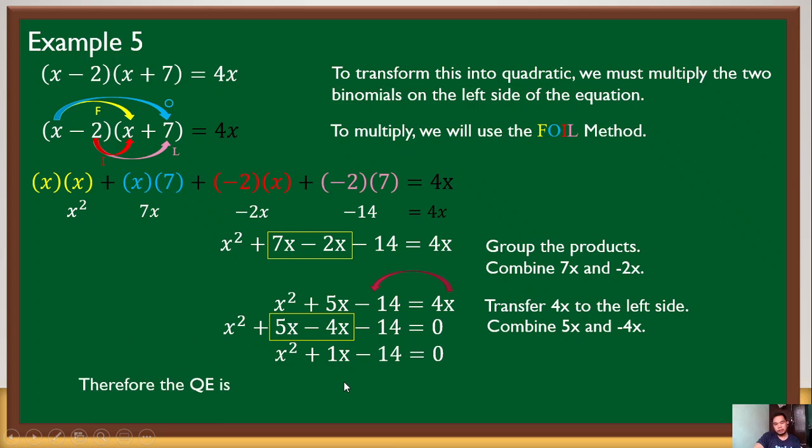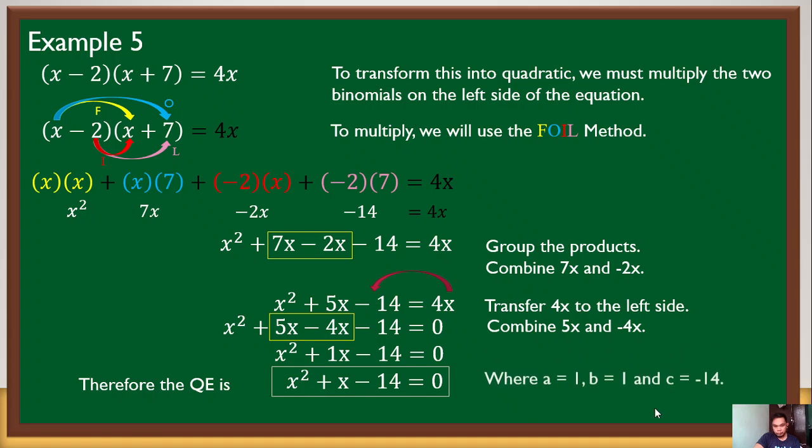So the standard form of the equation x minus 2 times x plus 7 equals 4x is x squared plus x minus 14 equals 0, where a is equal to 1, b is equal to 1, and c is equal to negative 14.